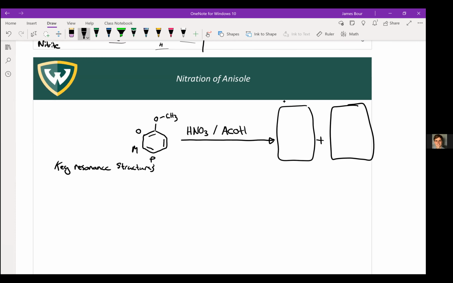So let's think about what resonance tells us about the electron density, or the electron distribution, of anisole. If we take anisole, we can generate a resonance structure in which there is an anion on the ortho position. That resonance structure looks something like this. What this resonance structure says, again, oxygen like this is a pi donor.